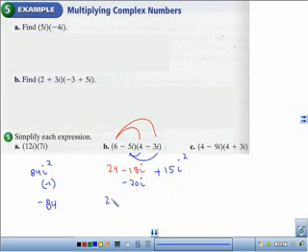Right? So we have 24. This will give us minus 38i, because we're just combining them. Remember, i squared is negative 1, so 15 times negative 1 gives you negative 15. Combine the like terms, right? So we're going to end up with 9 minus 38i.